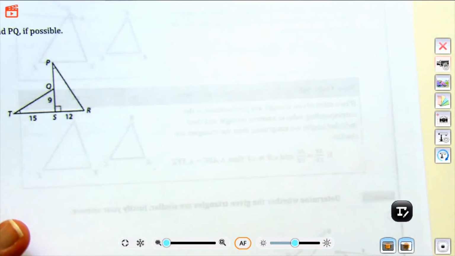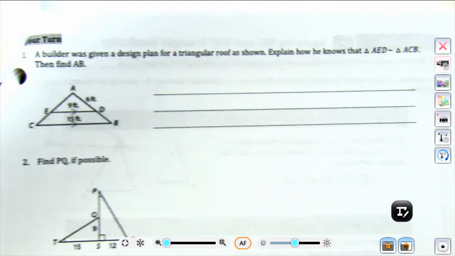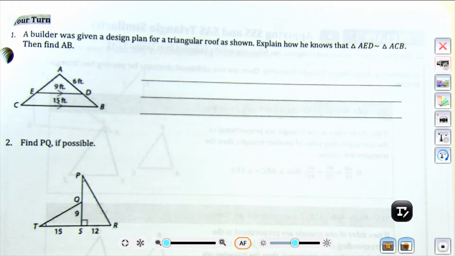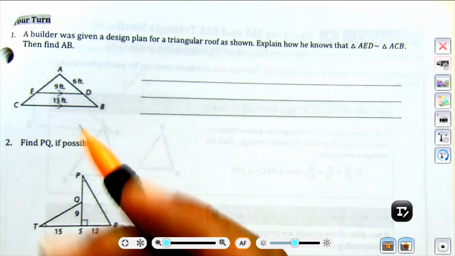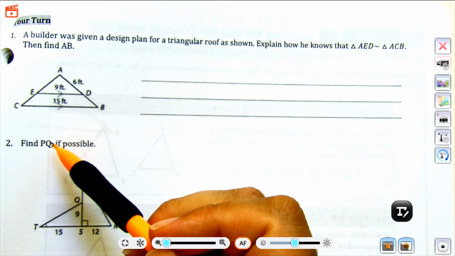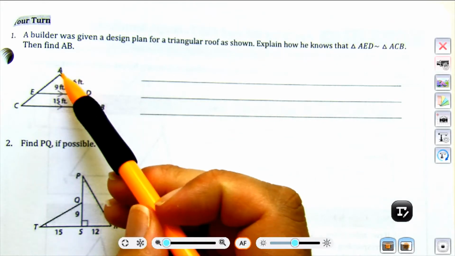Okay, so let's look at these two examples. The first question you need to ask yourself is how can you use the angle-angle similarity theorem for this problem? If we look at problem number 1 in this figure, we have triangle ADE and triangle ABC.